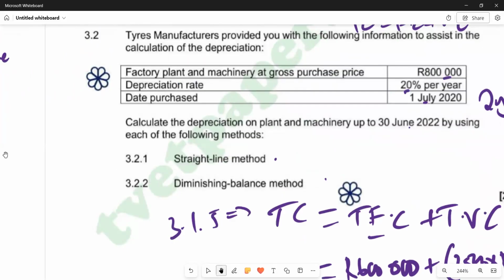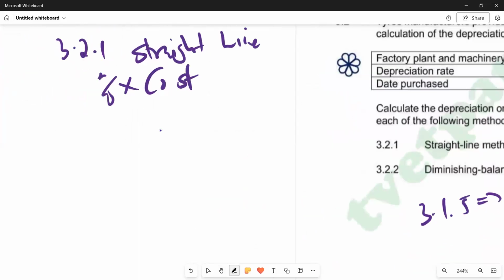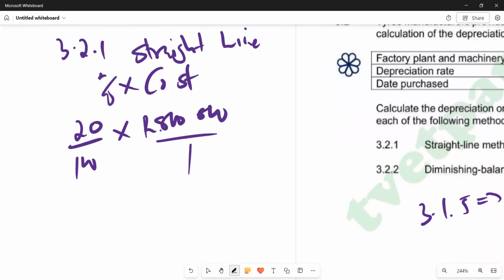So that's how we are going to do it. 20% is 20 over 100, and then we multiply by 800,000 over 1. And then this is over 2 years, multiplied by 2 over 1, representing the number of years here. Let's try to put it in our calculators and see what we get there. Right, we are going to get 312,000.